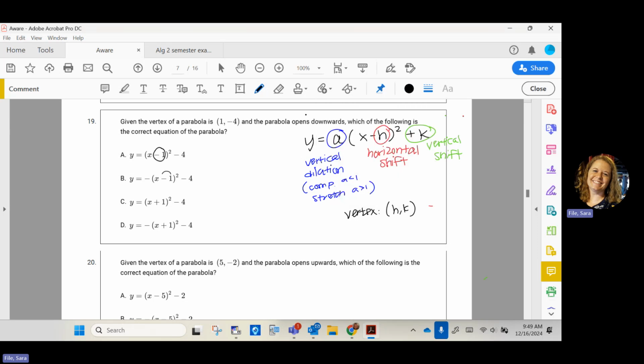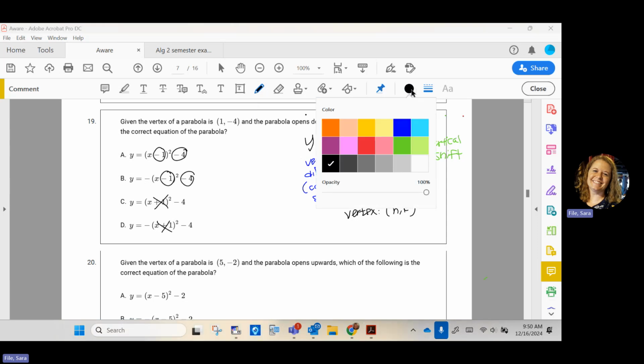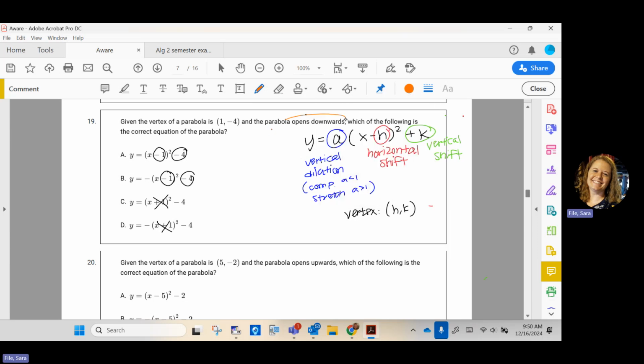So -1 is good. These two are out. And -4 on the outside is good. Okay, so the only difference in A and B here is a positive A or a negative A. And the fact that they told you here that it opens downward tells you you've got the negative. So that one should be B.